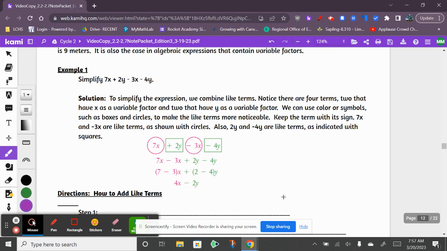Keep in mind, keep the term with its sign. So 7x and negative 3x are like terms, and 2y and negative 4y are like terms. So if we want, we can even just think of reordering them and then combining the coefficients to simplify the expression.